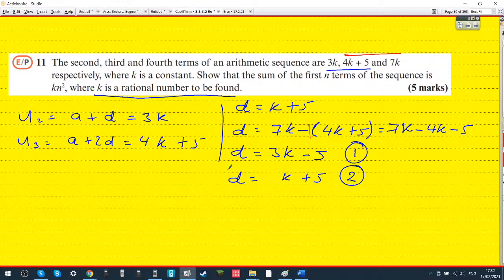Oh, so we need the numbers on the other side. So 3k minus d equals 5. Yeah, or you can just move the other one over. And d minus k equals 5.